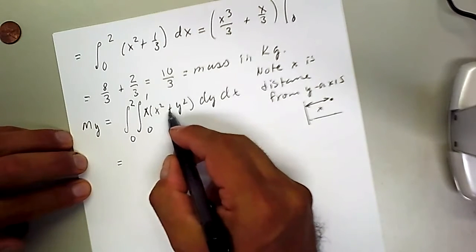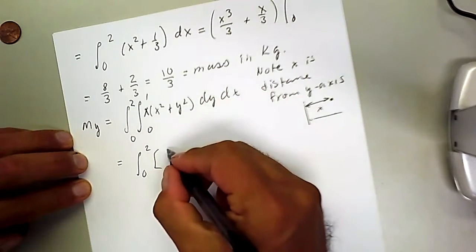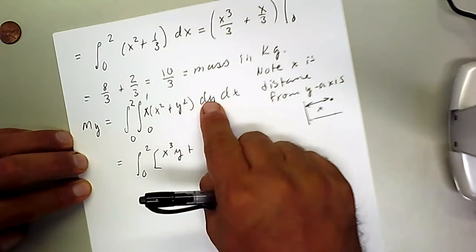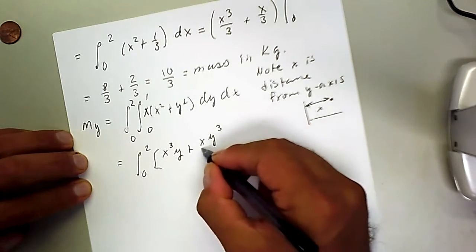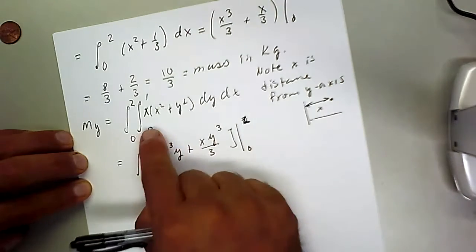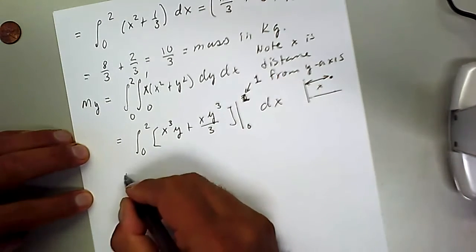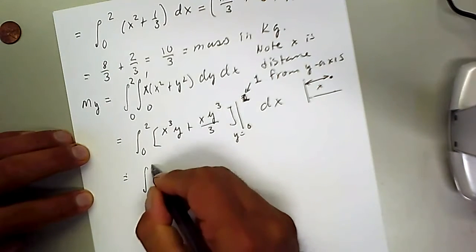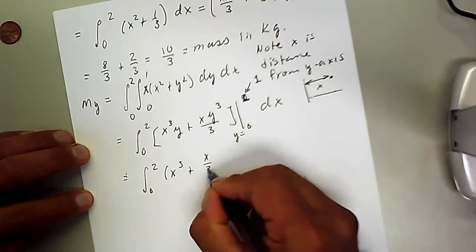So of course we're going to end up with x cubed. When we integrate that, we're going to have x cubed y plus xy squared. When we integrate that with respect to y, we're going to have xy cubed over 3 from 0 to 1, because we're still integrating with respect to y. We're finishing that integral. So that is 1 for the y's, from y equals 0 to 1. At 0, we end up with 0. At 1, we end up with x cubed plus x over 3 with respect to x.